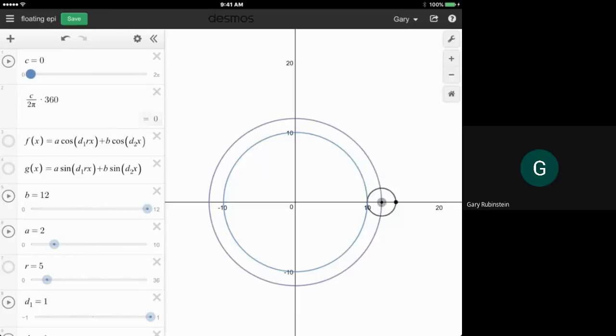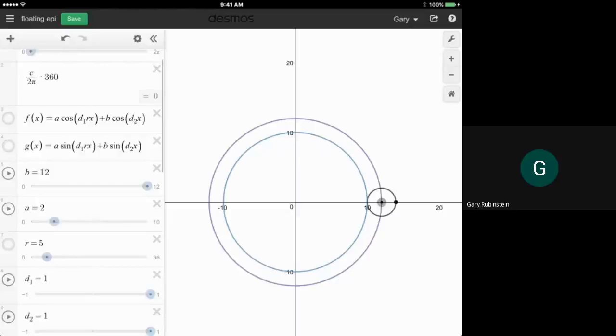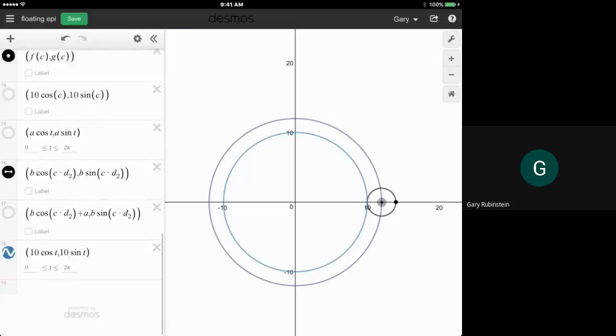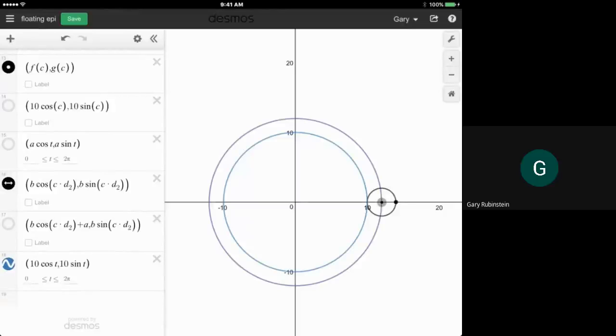Well, how is the floating circle any different than the rolling circle? It seems like it's exactly the same thing. Well, the secret to understanding where that mysterious +1 comes from is right over here.